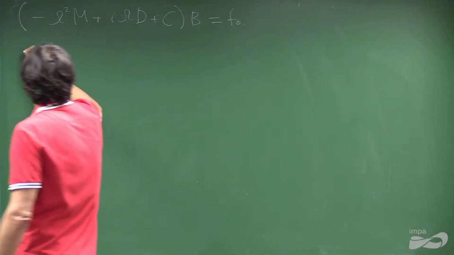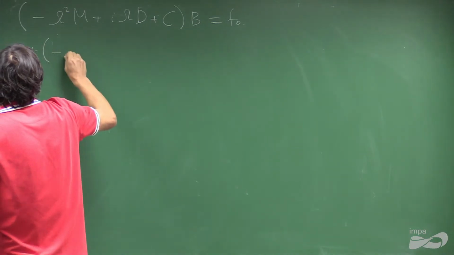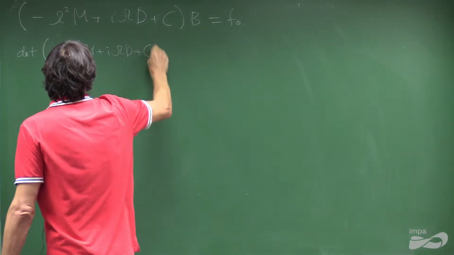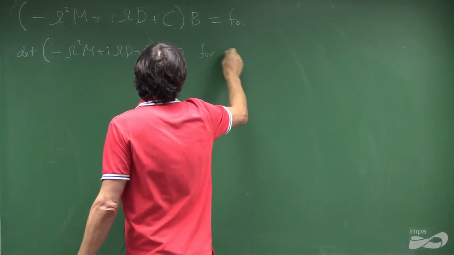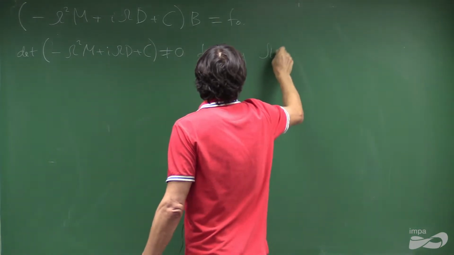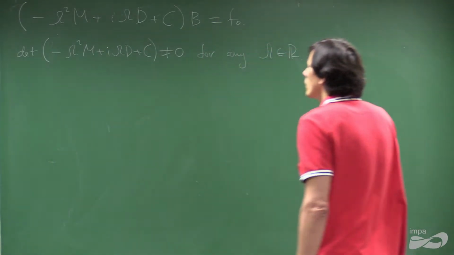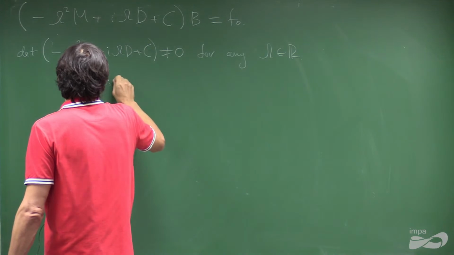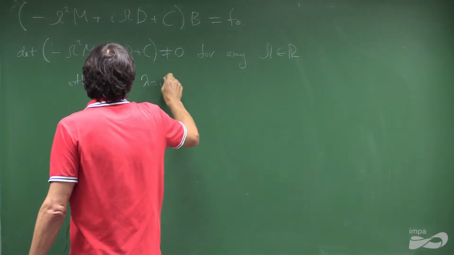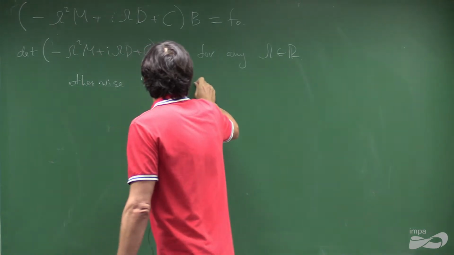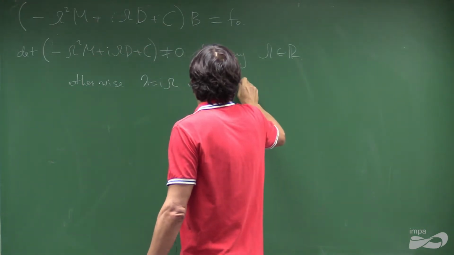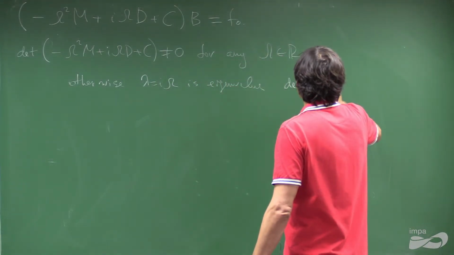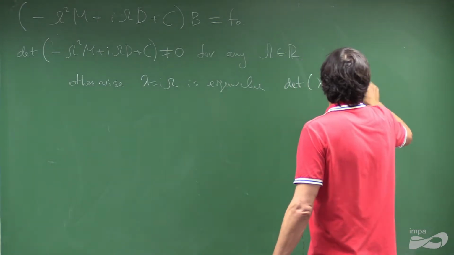The first thing you can see is that the determinant of this matrix is never 0 for any real frequency. Why? Because otherwise i omega is an eigenvalue of the characteristic equation.